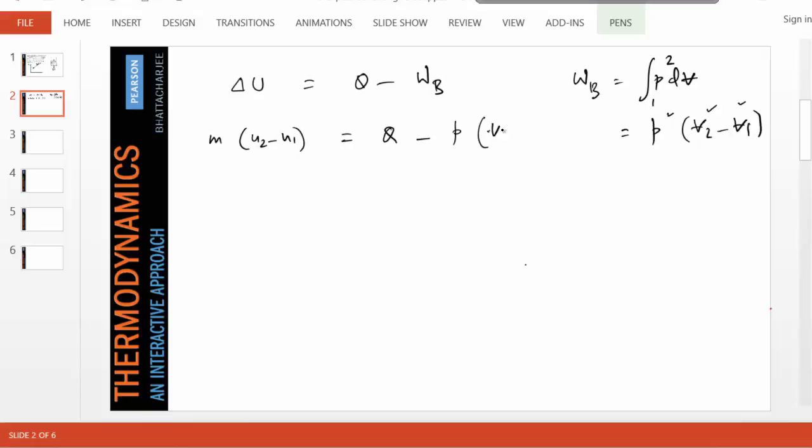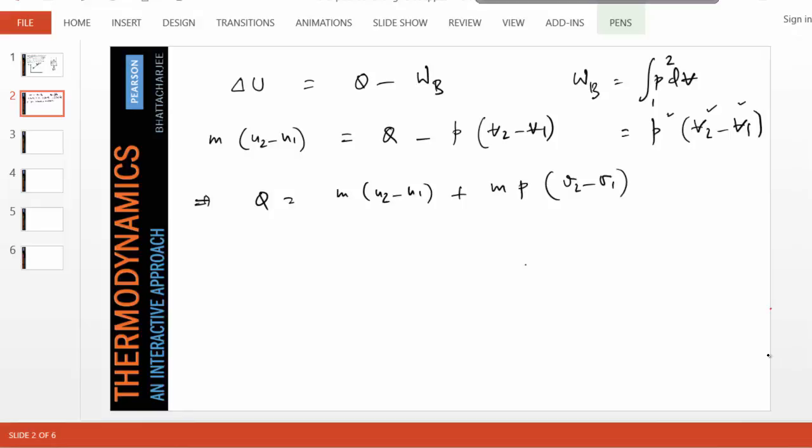Pressure times V2 minus V1, correct? This is the boundary work. So therefore, Q can be written as m times U2 minus U1, and we are switching sides, plus pressure, and let's bring the mass outside, so we get V2 minus V1.